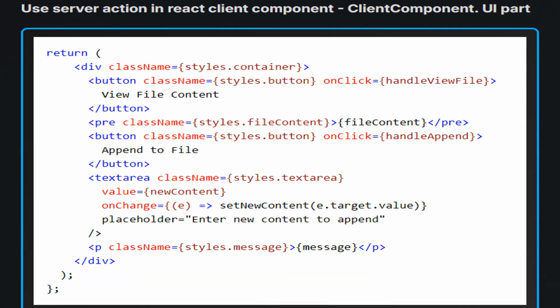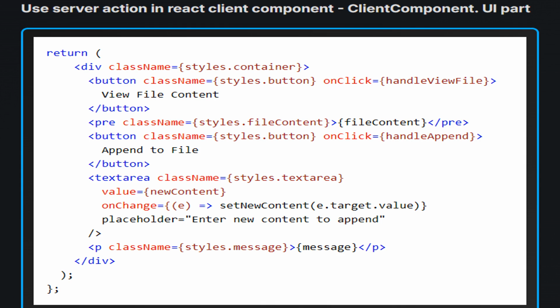The provided code is a React functional component written in TypeScript that renders a user interface for interacting with a file. The main structure includes 1. A div container styled with a CSS module. 2. A button labeled View File Content that, when clicked, triggers the handleViewFile function to display the file's content. 3. A pre element that shows the content of the file through the fileContent variable. 4.